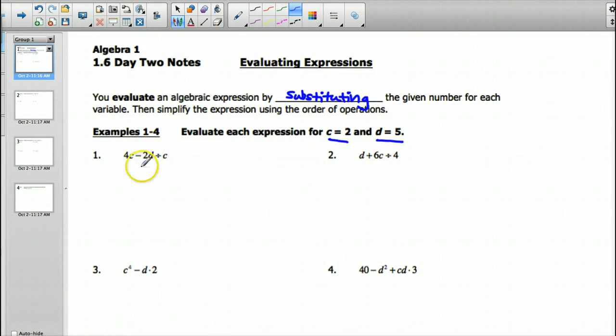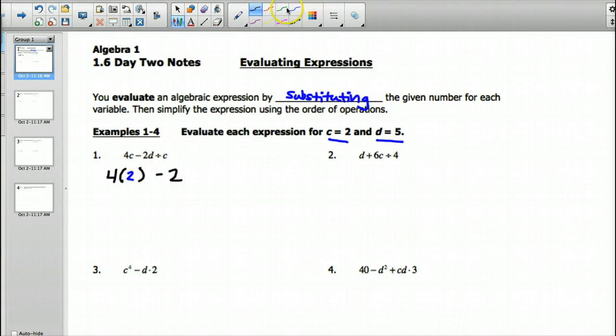In number 1, we have 4 times C minus 2 times D divided by C. I'm going to rewrite this, but everywhere I see a C, I'm going to replace it with a 2. So this is 4, and then I'm going to do a parentheses to mean times. This is 4 times 2 minus 2D.